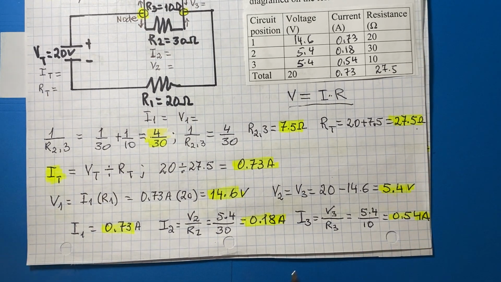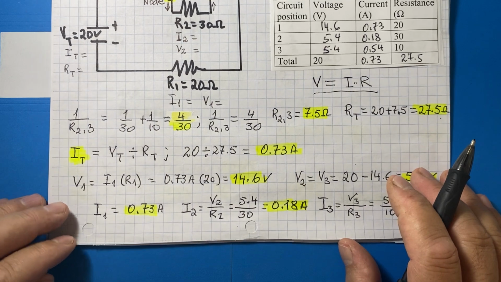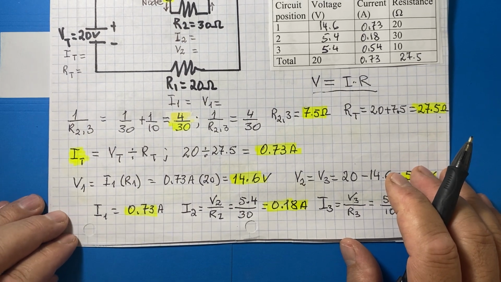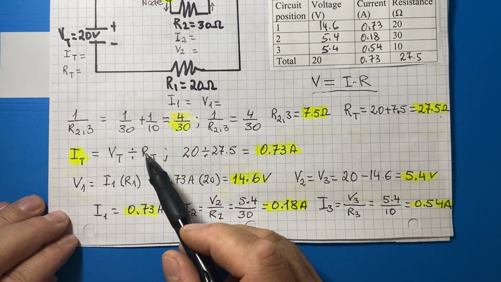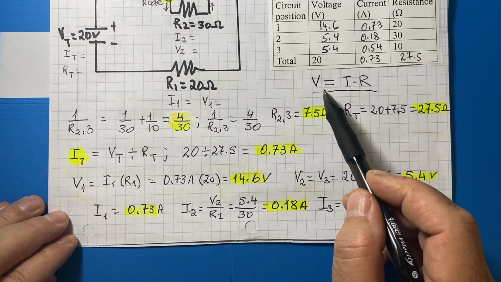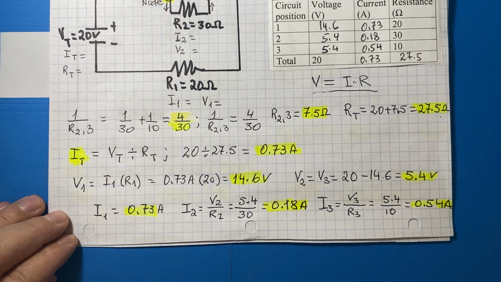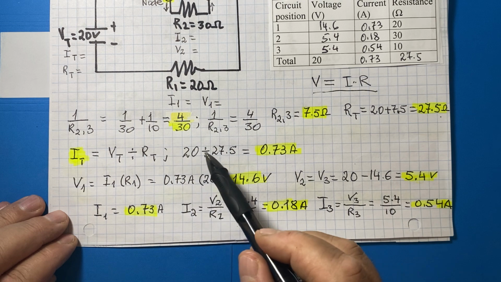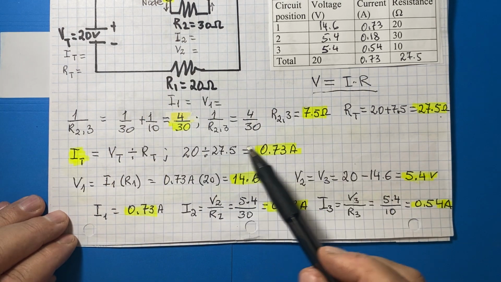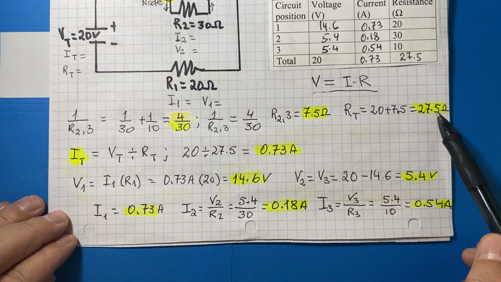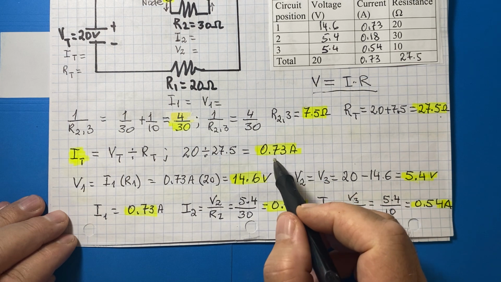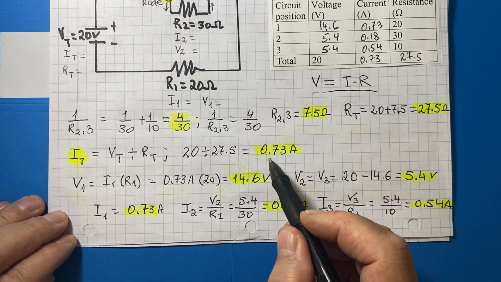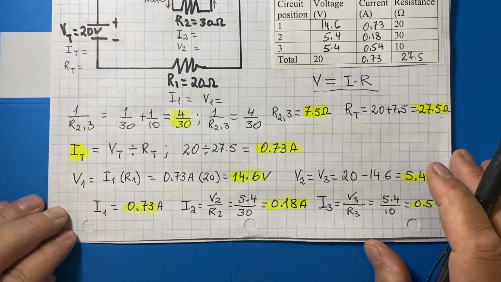Now let's find the total current. Total current is total voltage divided by total resistance, applying Ohm's law. Total voltage is 20 divided by total resistance, which we just found, 27.5, and the current in the circuit is 0.73 amperes.